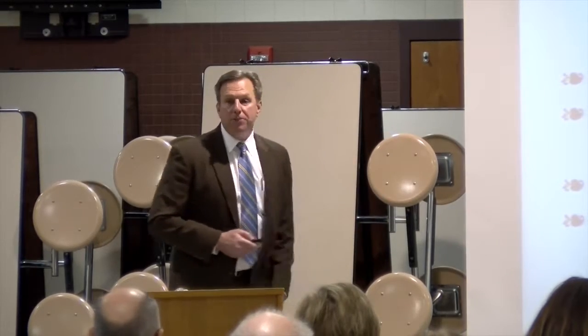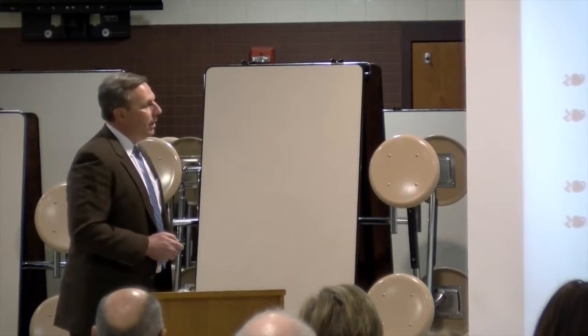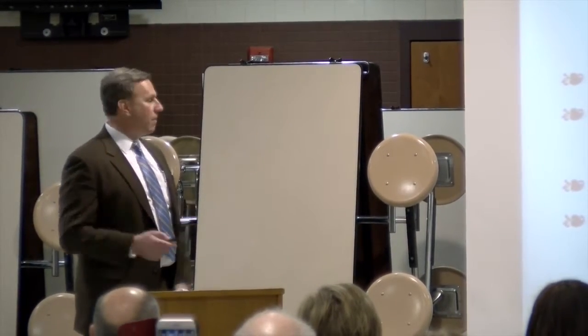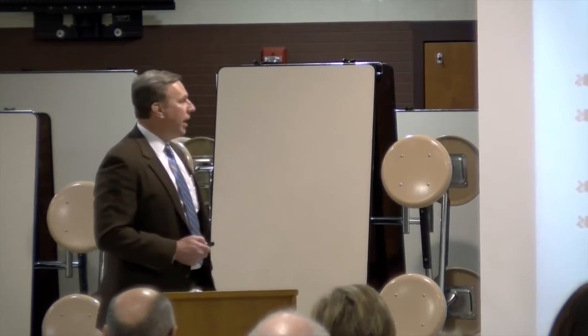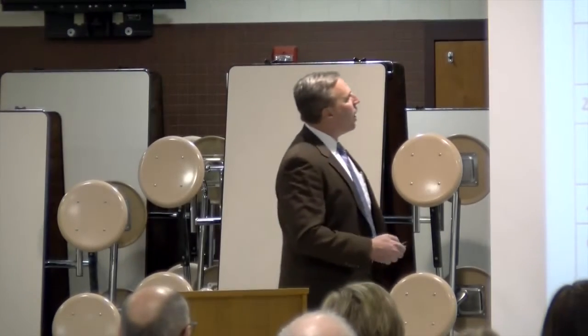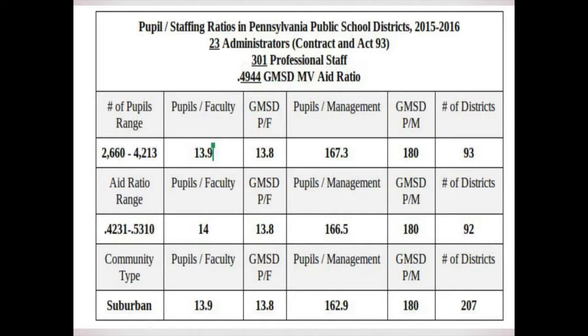So that's a piece that I think is really powerful and specific to Governor Mifflin and the experience that we have. Just also as a comparison, this was a study of Pennsylvania school districts using 15-16 data, looking at the range of students. There are 93 school districts in Pennsylvania that fall within this enrollment range.